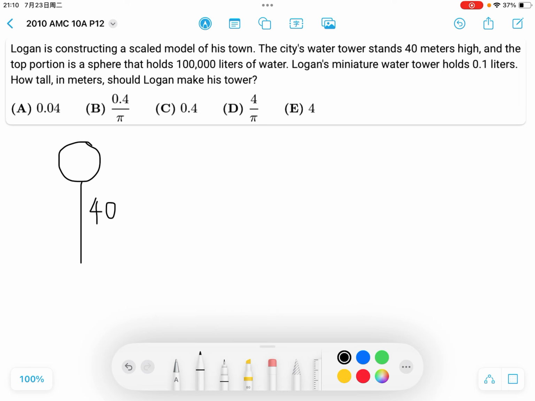Let's just assume that's the whole building. That's 40 meters high, and this is the ground, so that's perpendicular. And then we have this part, it has a volume of 100K liters.